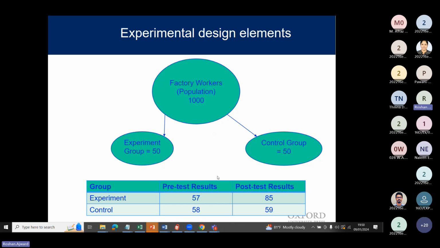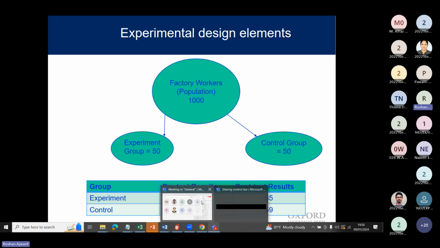So then he gives a pre-test. That means the consultant gives a pre-test where neither group is given training. Pre-test means before the training, he gives a test to both groups.